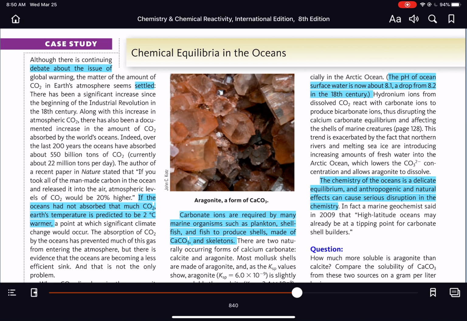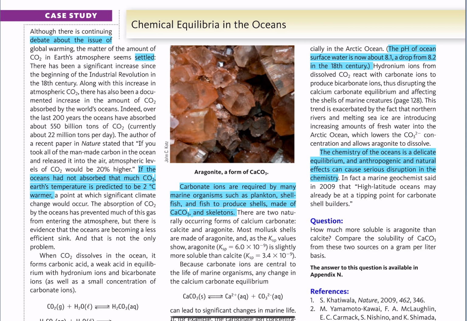Certainly the oceans and the atmosphere are sort of a large example of what's in the beaker, and you have an equilibrium going back and forth between the carbon dioxide in the atmosphere, the carbon dioxide dissolved in ocean water, and the carbon dioxide that might be in equilibrium with carbon-containing compounds, especially carbonates, represented by, for example, all of the shells and skeletons of many organisms that live in the oceans, not to mention lots of the rock materials and corals that might be in the bottom of the oceans.